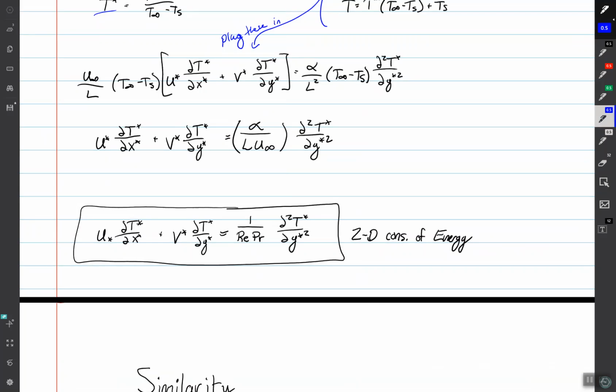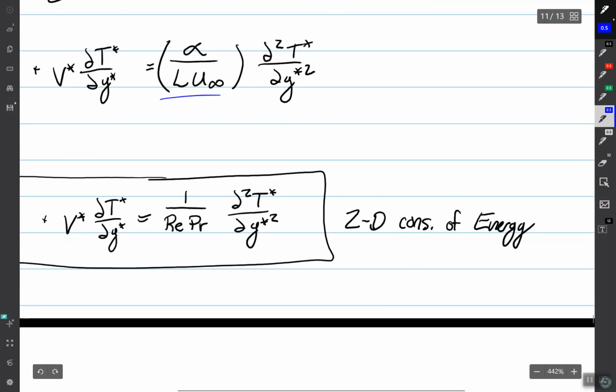And then lots of things start canceling out. Right? We can shift things around, move things from the left side to the right-hand side, and we get only this single group of constants. If we look at what that group of constants is, that's alpha over L times u infinity, the free stream velocity. The Reynolds number is u infinity times L over nu, the kinematic viscosity.